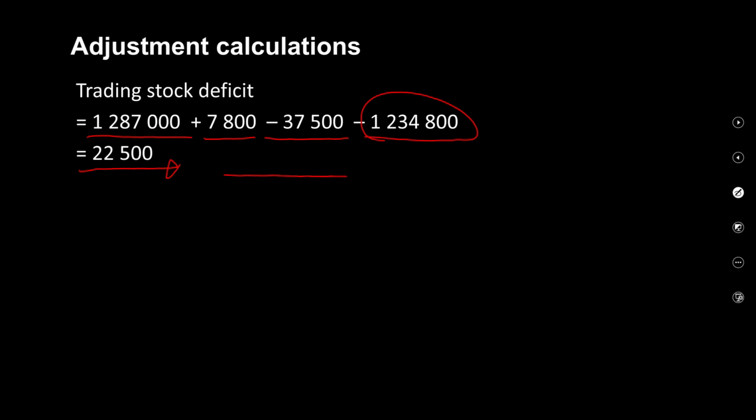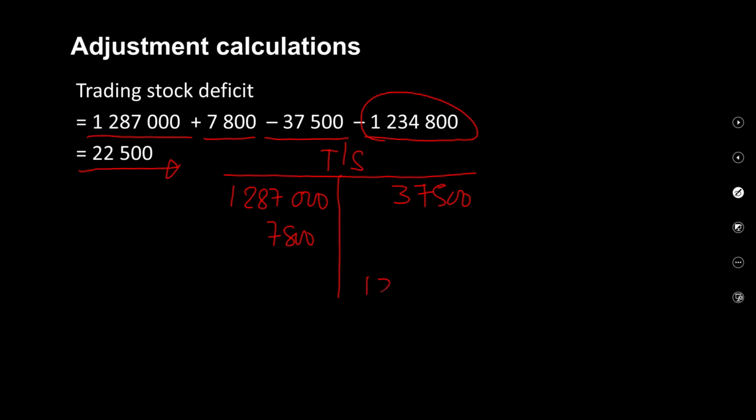In other words, let me just show you the trading stock account as a T account. Opening balance, 1,287,000 is your opening balance. Add the 7,800 less the 37,500 that was stolen, and your closing balance has to be 1,234,800.